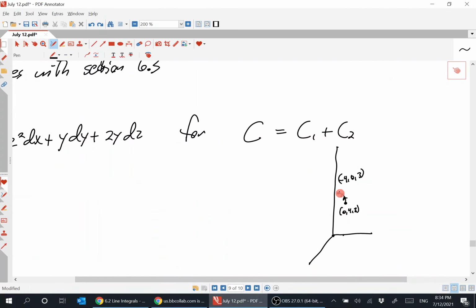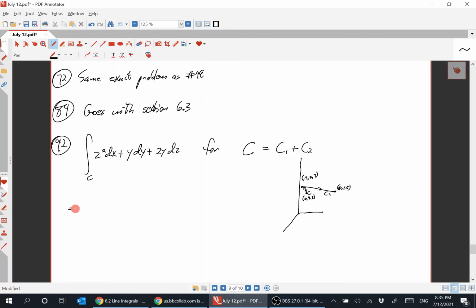So they give you this path. That's a quarter of a circle and then a line. Okay, so we need to parameterize this. But what does this notation mean, first of all? This is the vector field line integral. When they write it like this, it's z squared, y, 2y dot dx, dy, dz.